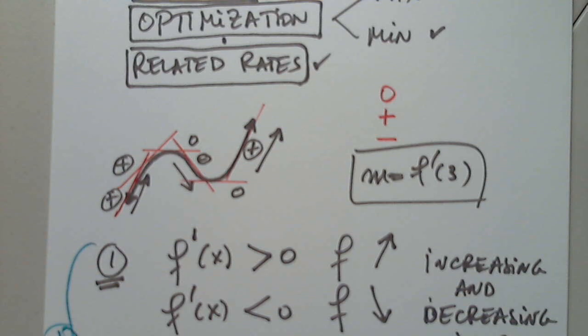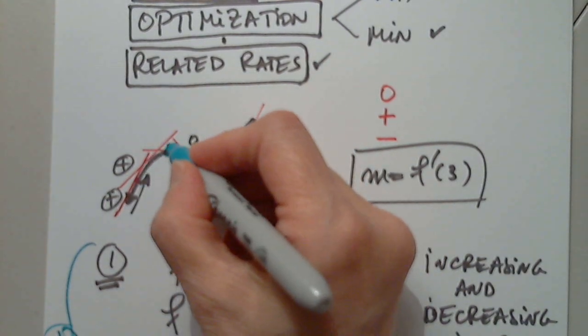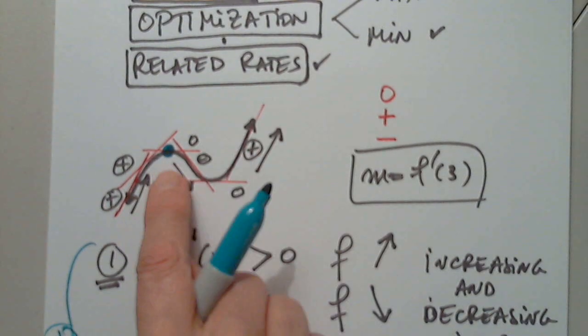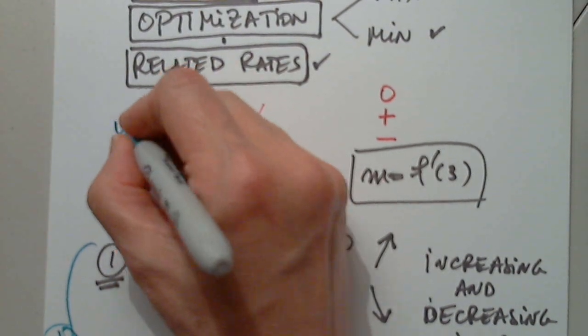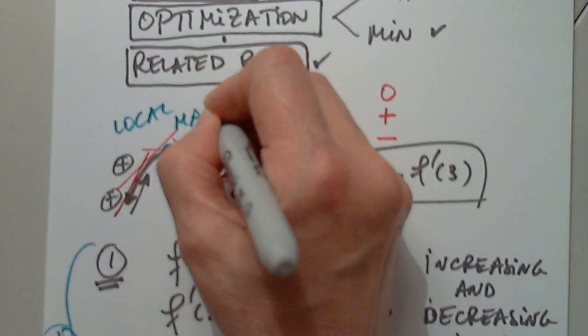Is there a max anywhere? We call it local max or relative max. Wouldn't it be the arrow going up? So right at this point, do we see a local max?